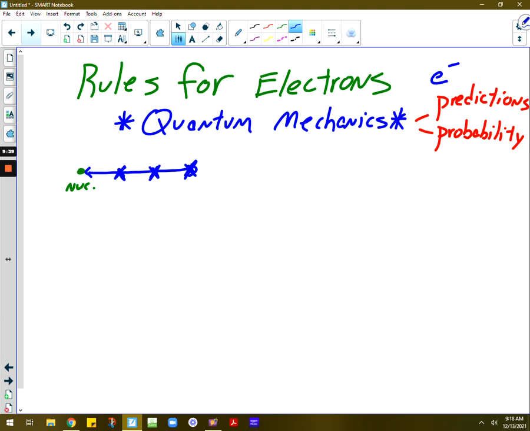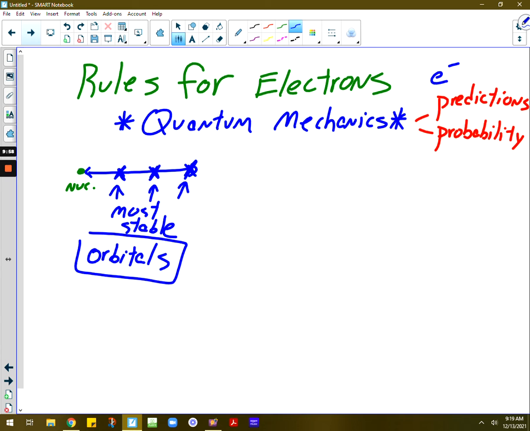And those are the places where it's going to be the most stable. We call those regions of space around an atom orbitals, and those orbitals are found at different energy levels.